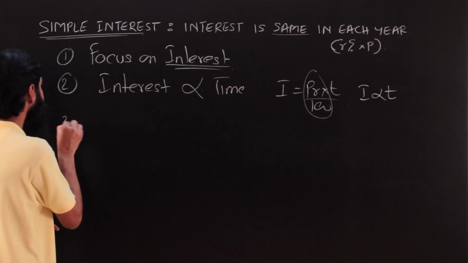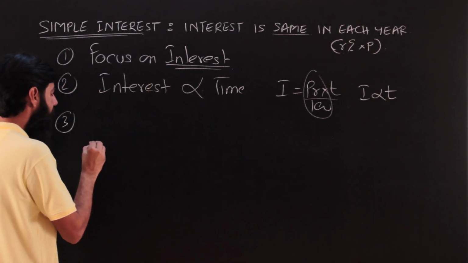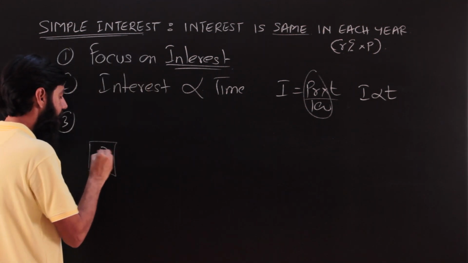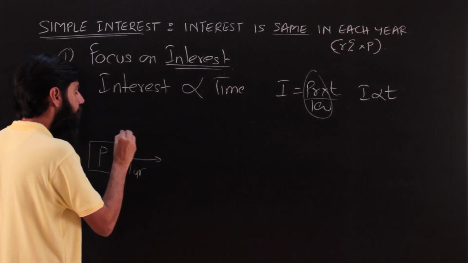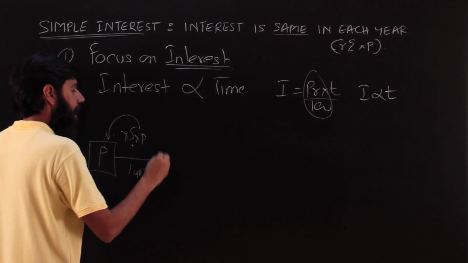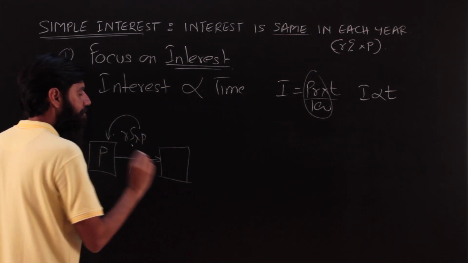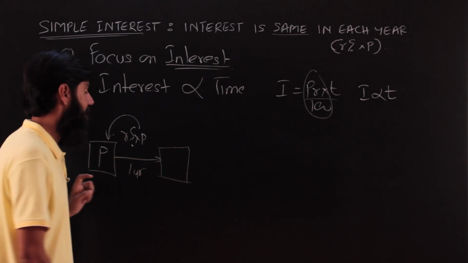And the third and the last, in your mind a picture should be formed that at the beginning I have amount P. Now in 1 year's time, I'm going to get R% of principal. Okay, and this will become my amount, P plus R% of principal.